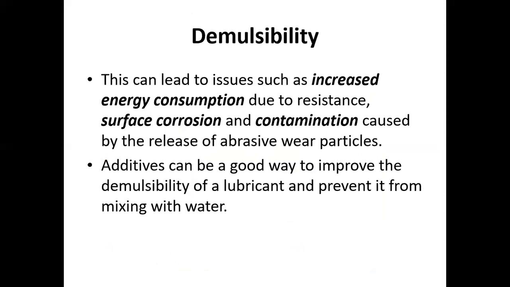This can lead to issues such as increased energy consumption due to resistance, surface corrosion, of course, and contamination caused by the release of abrasive wear particles. Additives can be a good way to improve the demulsibility of a lubricant and prevent it from mixing with water. As much as possible, we don't like water in our system, especially a lubricating oil system, since we must prevent corrosion and other contamination.